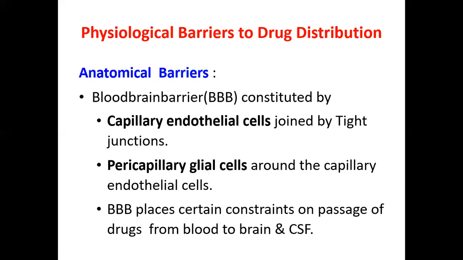So what are the physiological barriers to drug distribution? Anatomical barriers include the blood-brain barrier. This is mainly constituted by capillary endothelial cells joined by tight junctions.